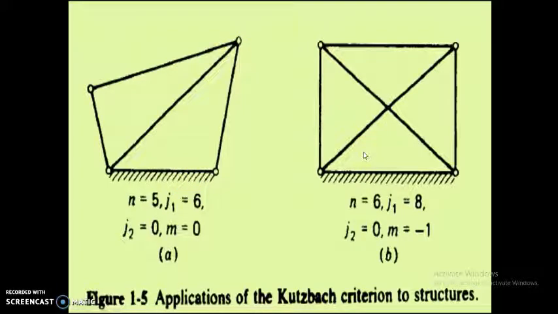Consider the case of mechanism B. The number of links is 6 and joints are 8. The number of joints in the higher pairs is 0. The mobility obtained will be minus 1, which indicates that it's a superstructure.